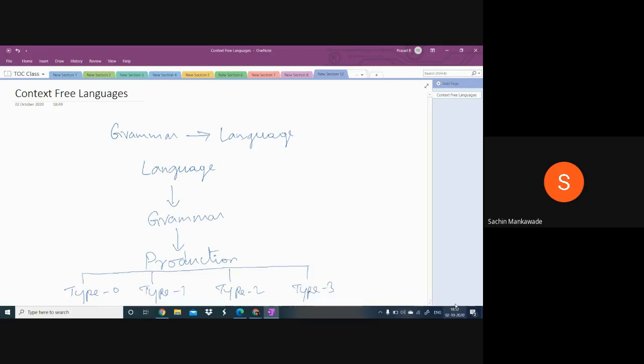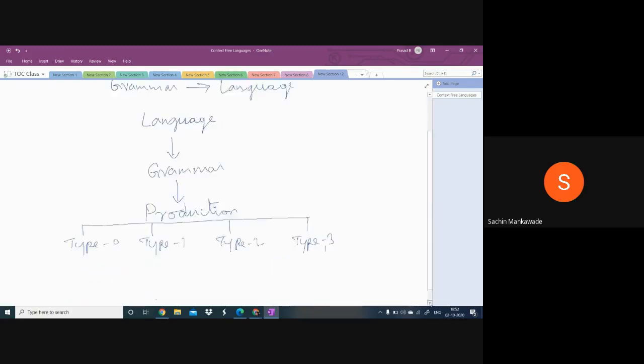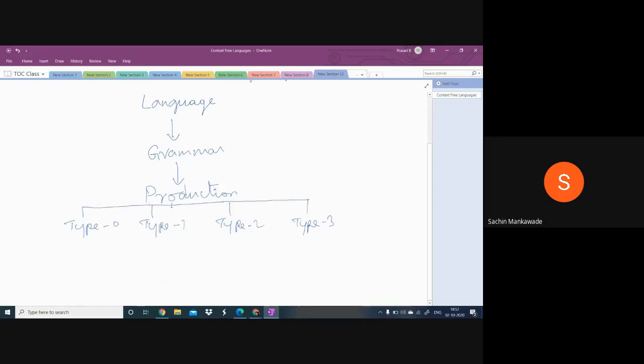So the language will be defined based on the grammar, and the grammar will be defined based on the productions. What are these 0, 1, 2, 3? I won't tell you now. I'll tell you at the end of the subject, after finishing the Turing machine.